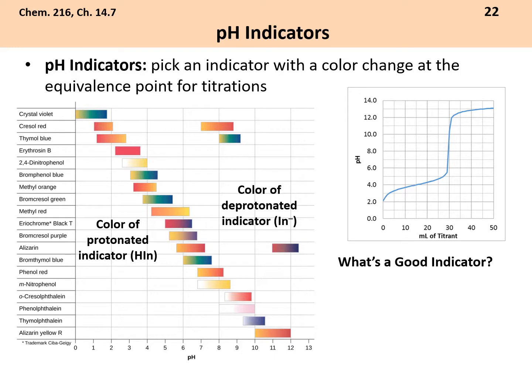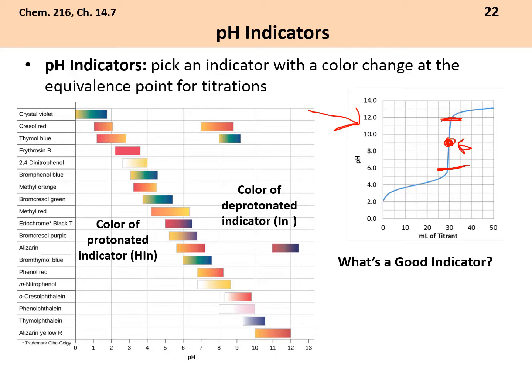And so we have all of these pH ranges. If I have a titration like this one on the right, and I want to know when it gets to that equivalence point, right about here, I want something that will change from one color at pH 6 to a different color at pH 12, and preferentially around 9.